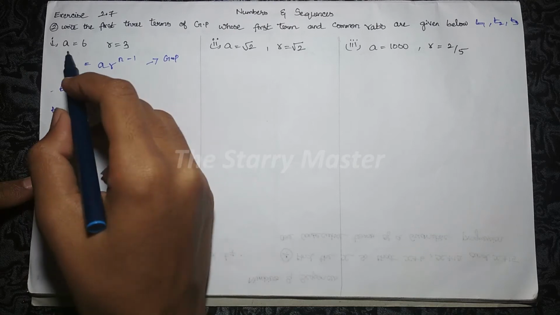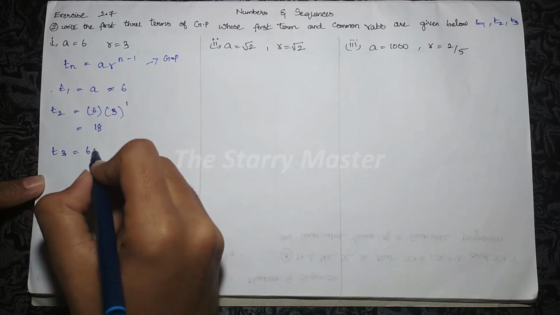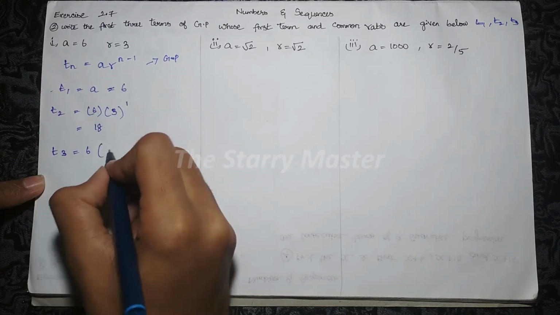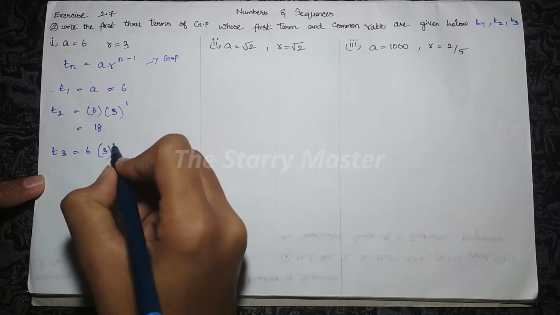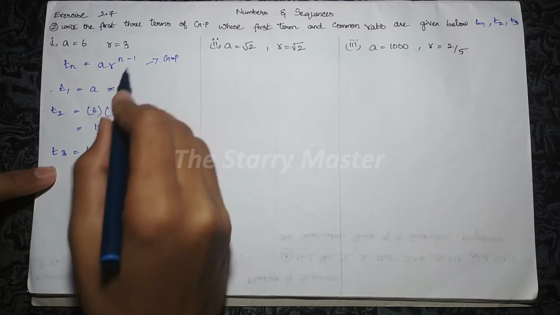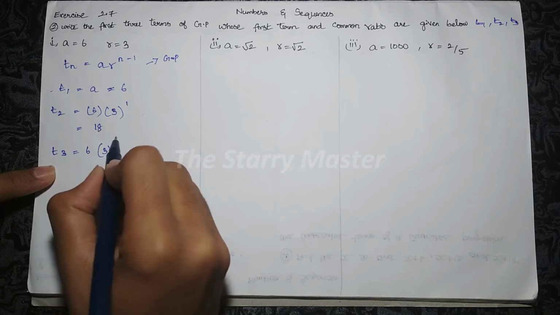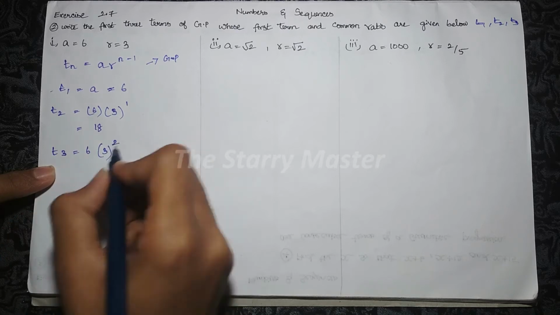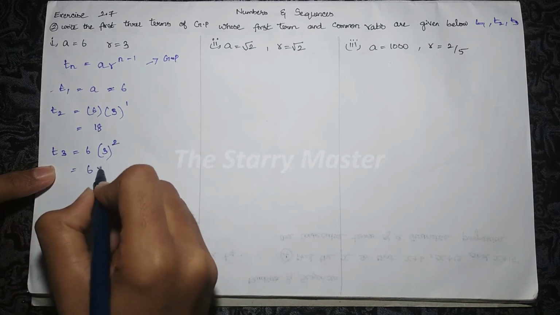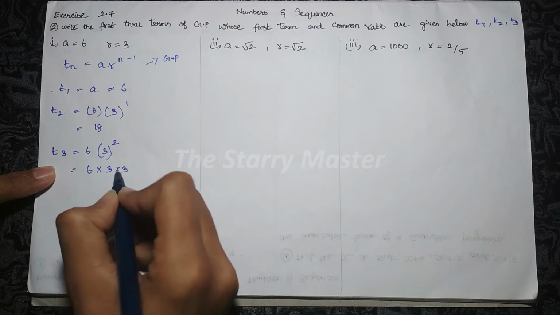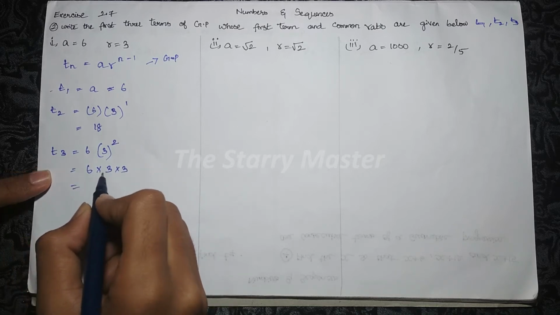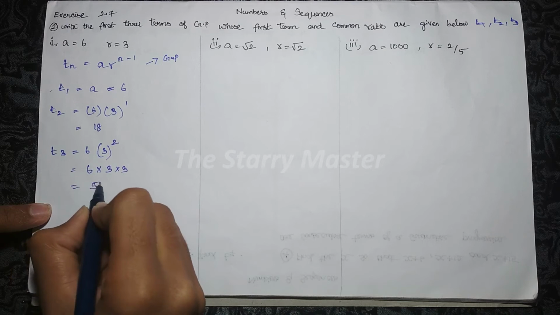So we need to find T3. In place of a we will write 6 and in place of r we will write 3, and the power is n minus 1. n is 3, 3 minus 1 is 2. So we write 6 into 3 into 3. 6 threes are 18, 18 threes are 54.